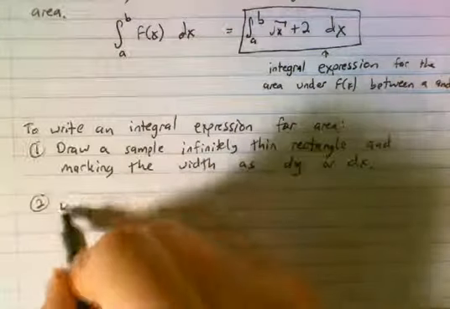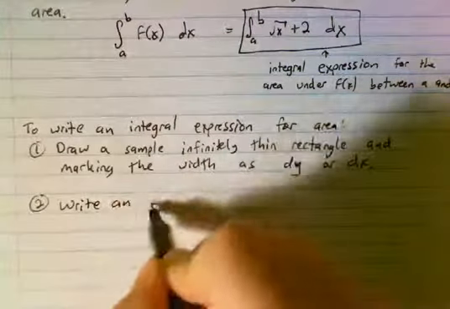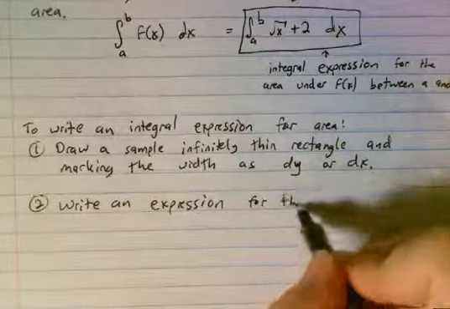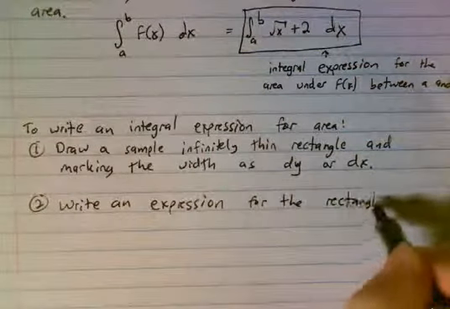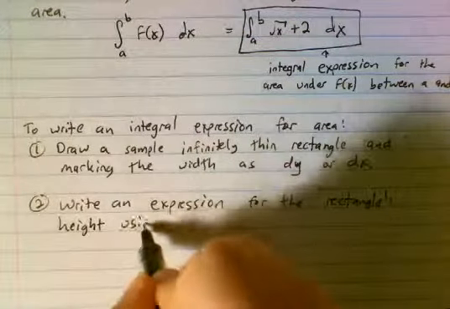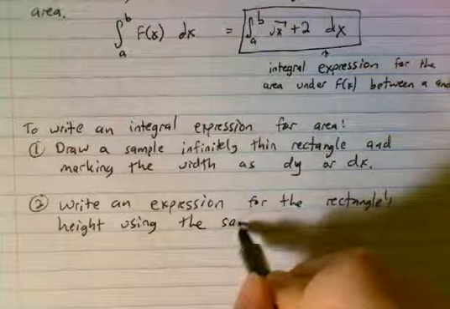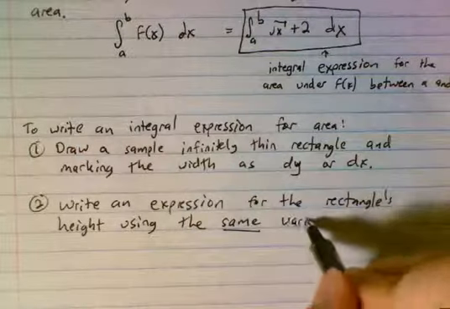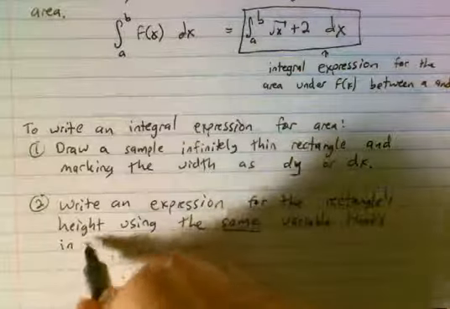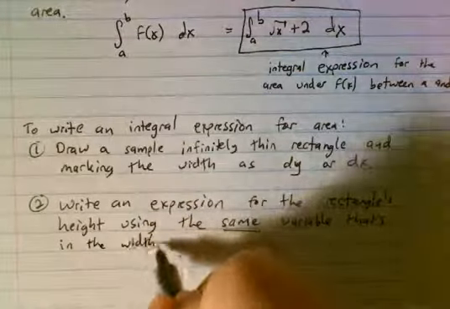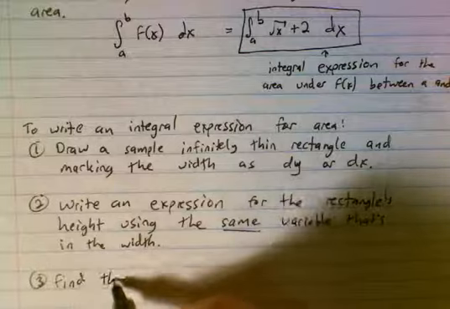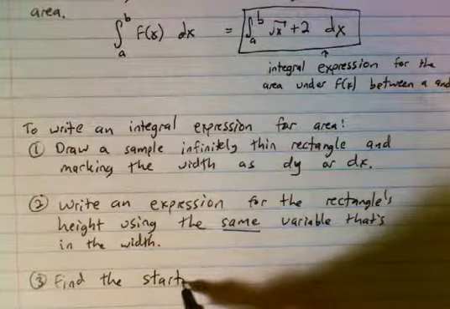Then we're going to write an expression for the rectangle's height using the same variable that's in the width. And then we're going to find the starting and stopping values.